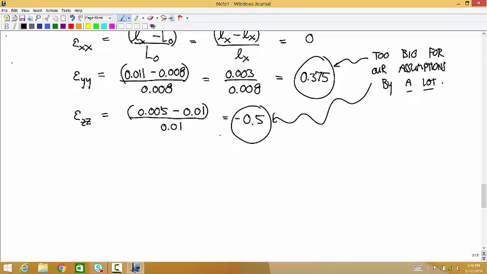So that assumption wouldn't hold. We're dealing with things that are elastic. If you let go of them, they'll return back to their original shape.